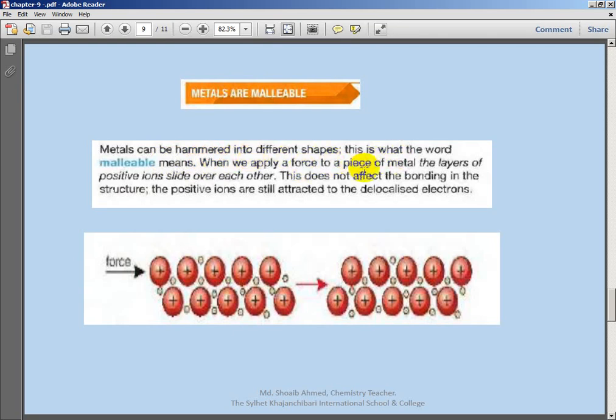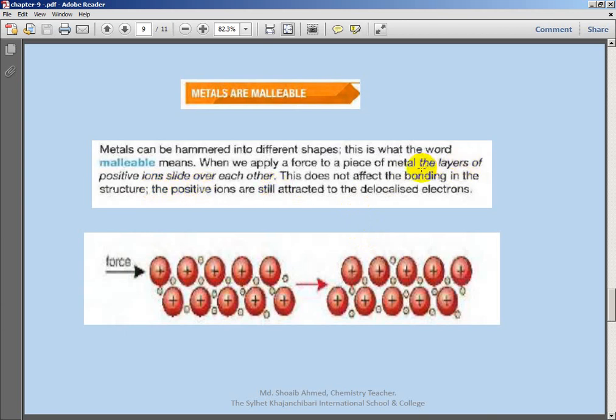Malleable means when we apply a force to a piece of metal, the layers of positive ions slide over each other.